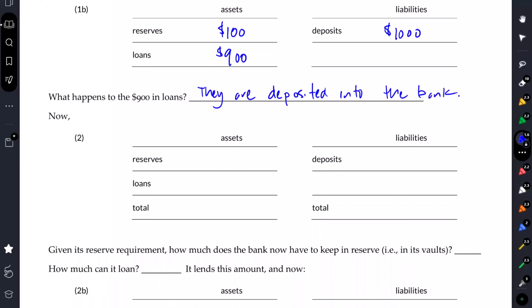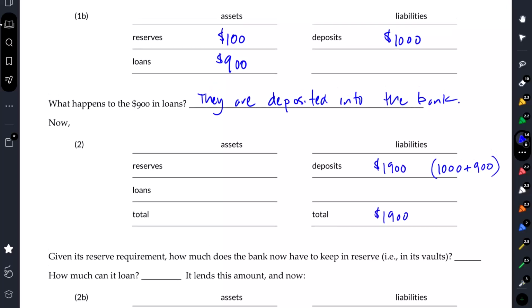Okay, so now for deposits, we had $1,000. $900 has been deposited, so total deposits are going to be $1,900. And over here, we had $100 held in reserve.